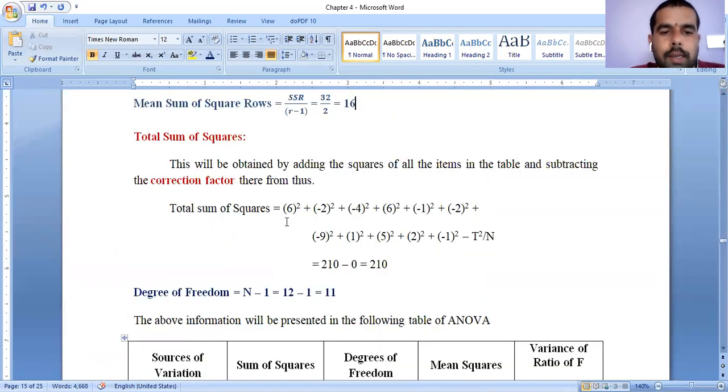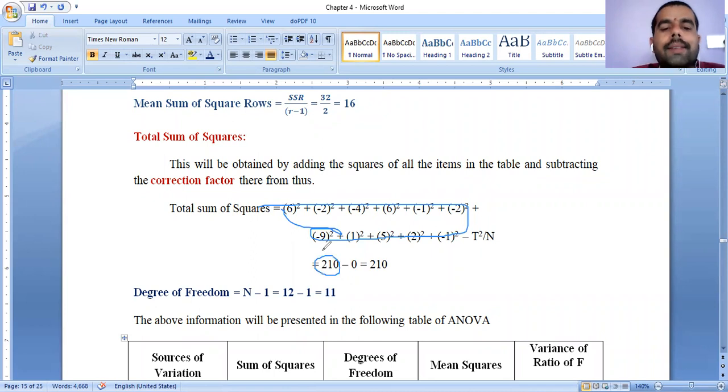Observe carefully: 6 square plus minus 2 square plus minus 4 square plus 6 square plus minus 1 whole square plus minus 2 whole square, and finally t square by n. T square is nothing but 0. After doing all these squares, you got 210.